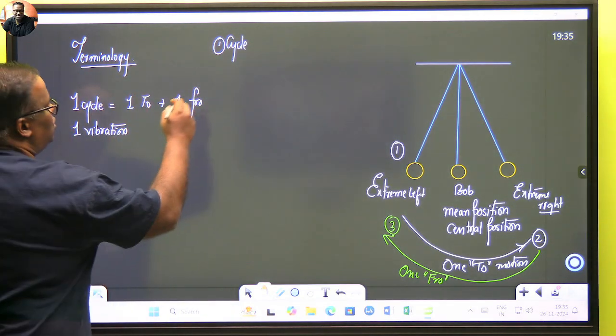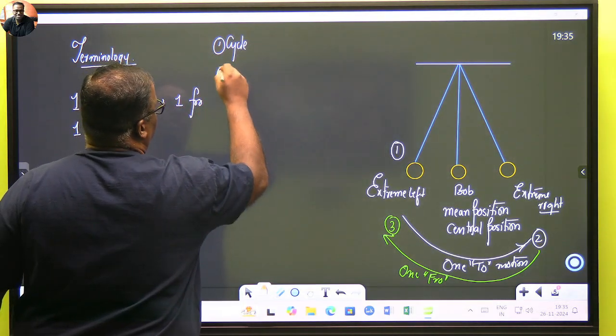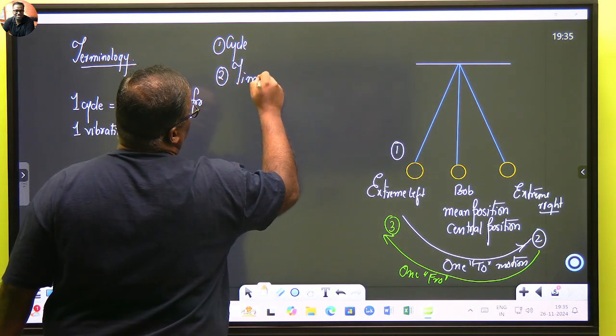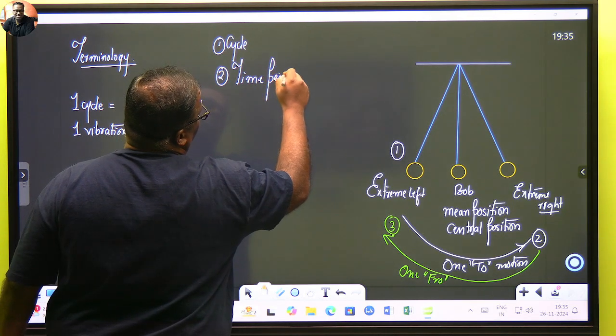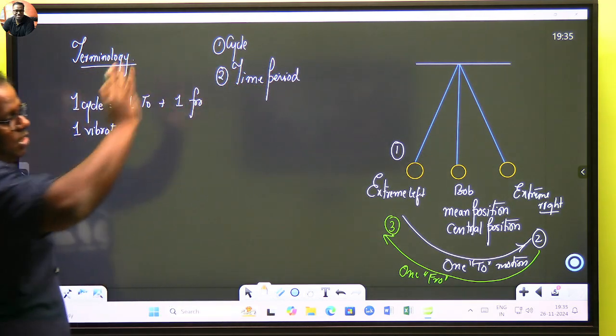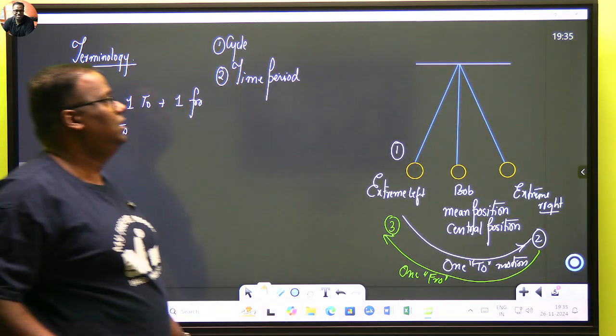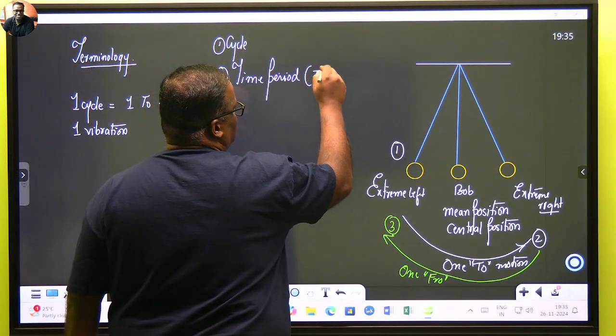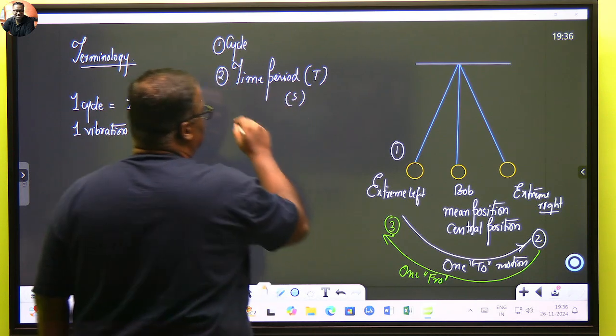Next, once you have understood cycle, you should understand something called time period. Now these will be very common, whether you study electricity वगैरह सब में ये चीज आएगा. Time period is very easy. Time period is stated as T, measured in seconds.